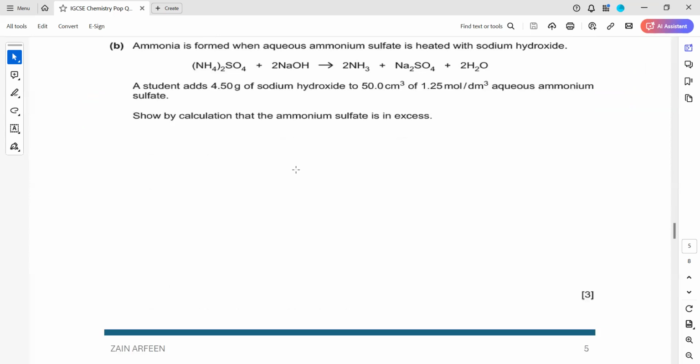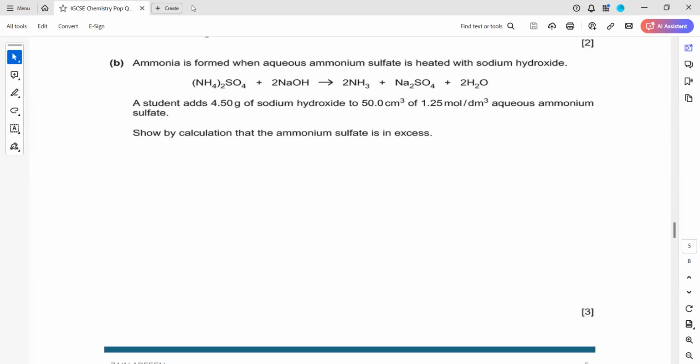The next question is related to moles. A student adds 4.5 grams of sodium hydroxide to 50 cm cube of 1.25 mole per dm cube ammonium sulfate. By calculation, show ammonium sulfate is in excess. Look, first thing I explained to you, whenever you're finding the limiting or excess reagent, first find the moles of both reagents.